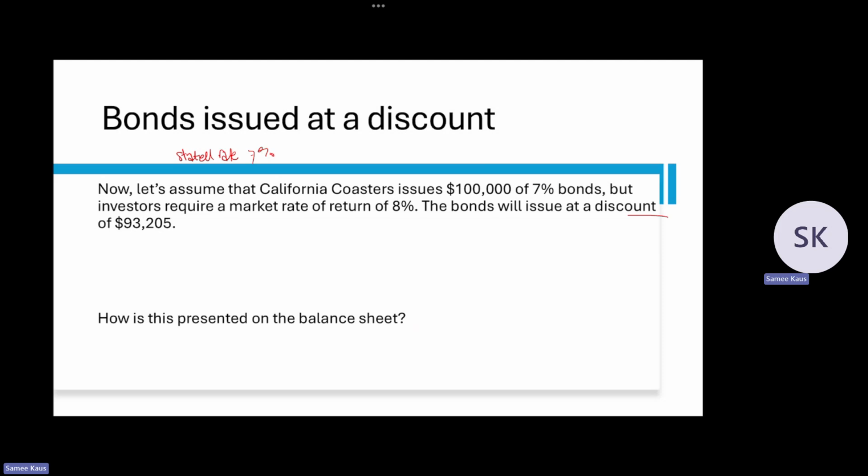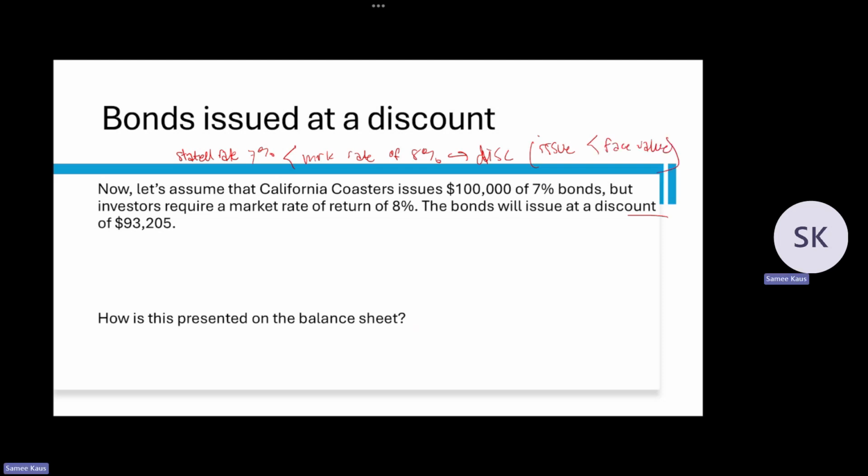And I have a market rate of 8%. So I have a stated rate that is less than my market rate, which tells me I'm going to have a discount, and they're going to issue at less than my face value.